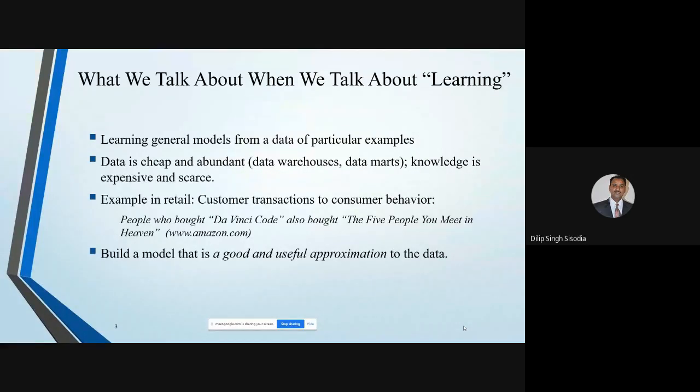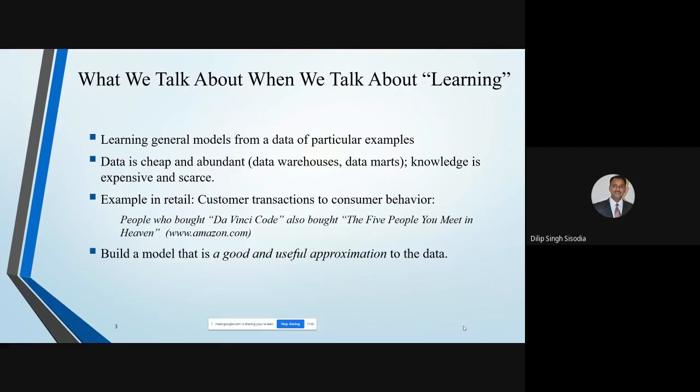If we are using an algorithm, then we have to present a lot of training data, and for a model we have to present the test data. Nowadays data is cheap and abundant. Data is available in the form of data marts, data warehouses, or big data.